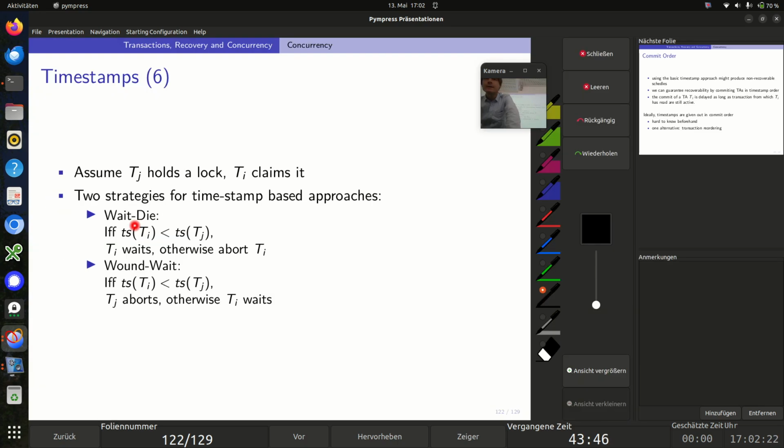So the idea is always the relationship between the old transaction and the young transaction. Here that's what the old transaction does, and this is what the younger transaction does. So in wait die, older transactions wait for the younger ones, whereas the younger ones, if they want a lock which is held by an old one, die.